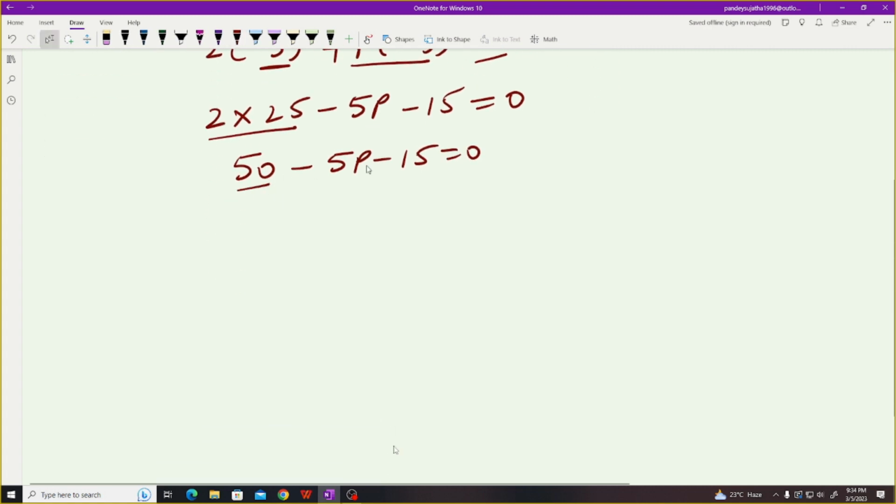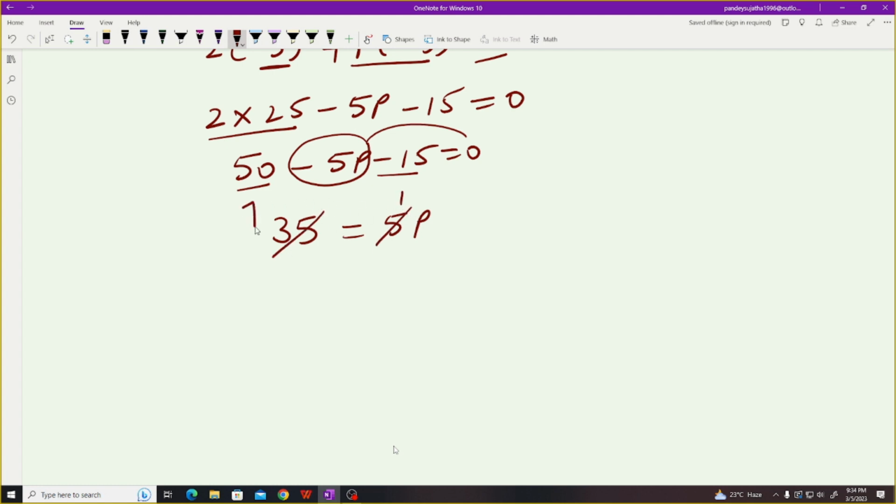So 50 minus 15 is 35. Shift this minus 5p to the other side. So it is 5p equal to 35. Cancel this 35 with 5. So 5 ones are 5 and 5 sevens are 35. So the value of p is 7. So we got the value of p as 7.